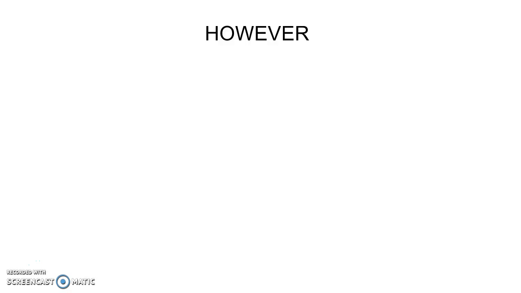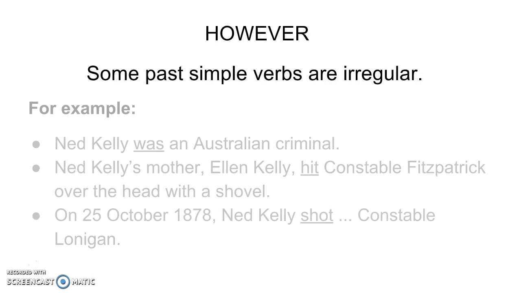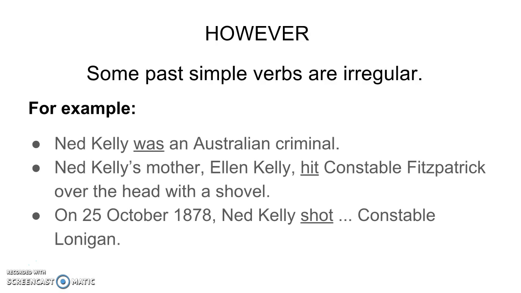However, some past simple verbs are irregular. Ned was an Australian criminal. Was is irregular. Ned Kelly's mother, Ellen Kelly, hit Constable Fitzpatrick over the head with a shovel. On the 25th of October, 1878, Ned Kelly shot Constable Lonergan.